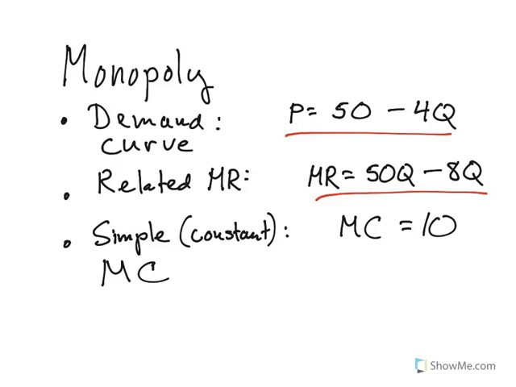Don't worry about that. And we've got a simple version of marginal cost. This is not generally the case that we'll have constant marginal cost, but we're assuming it here, and we're going to assume that there's also no fixed cost, so that all the costs are embodied in the marginal cost.